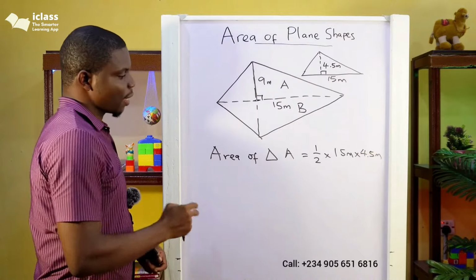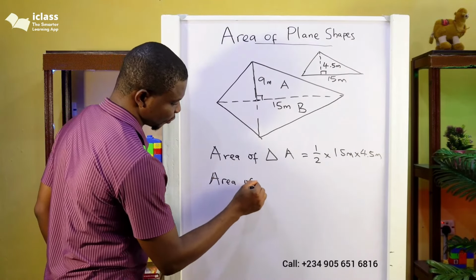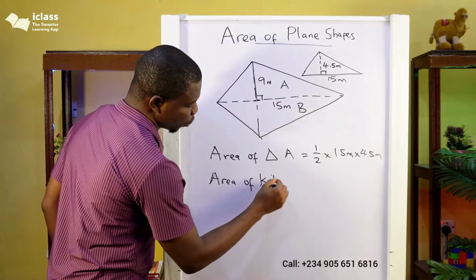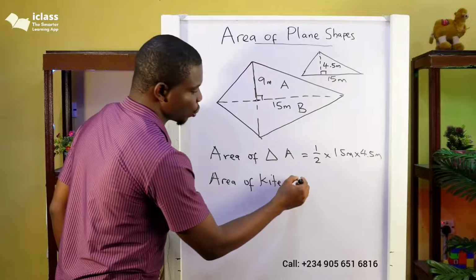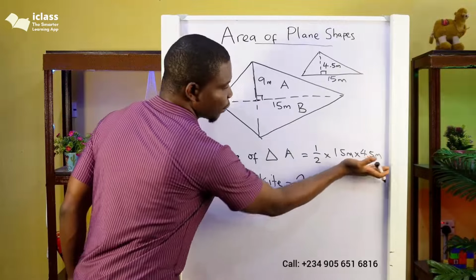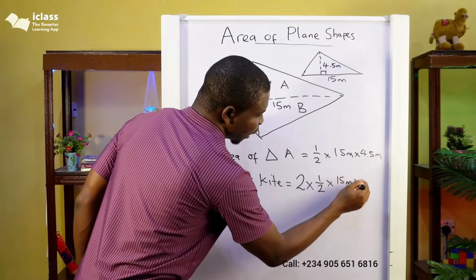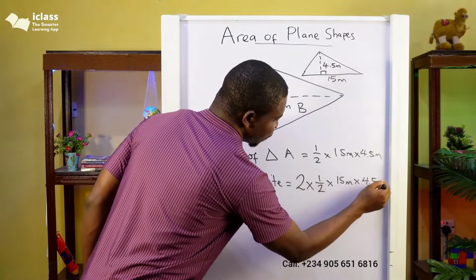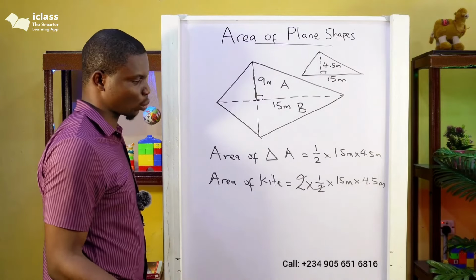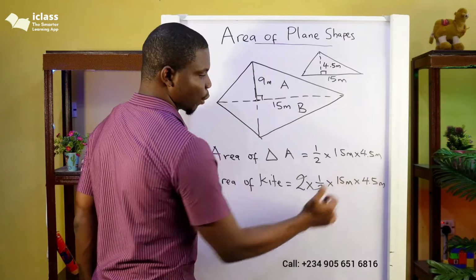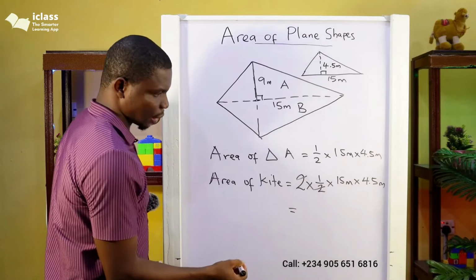Good. Now, the area of the kite will be what? It will be 2 times the area of triangle A. So 2 times half, times 15 meters, times 4.5 meters. 2 goes into 2, we are left with 1. 15 meters times 4.5 meters. 15 times 4 is 60.